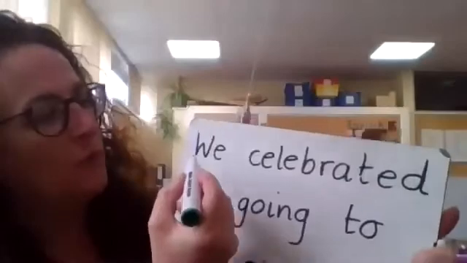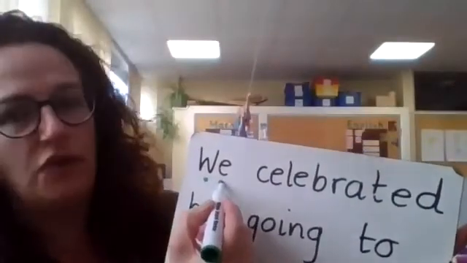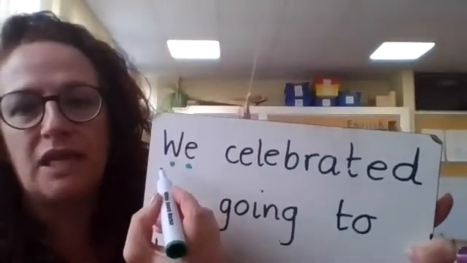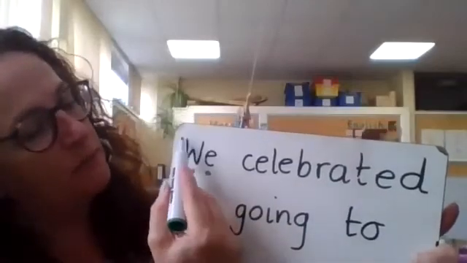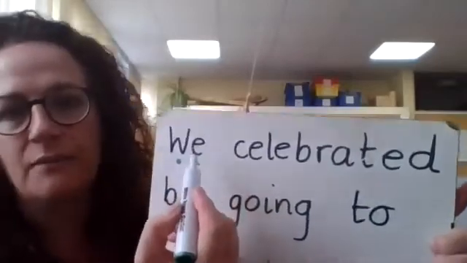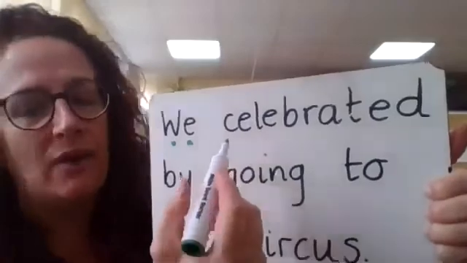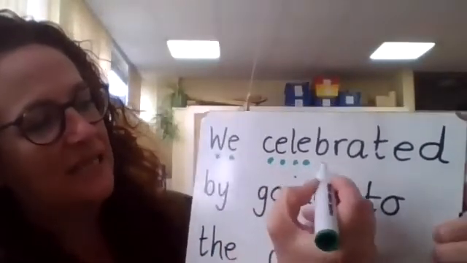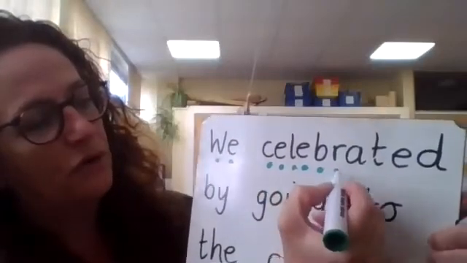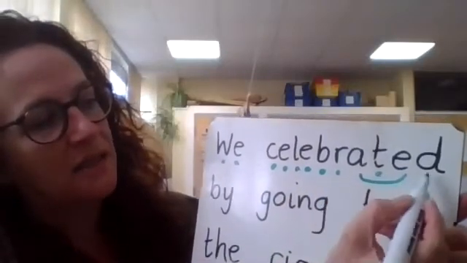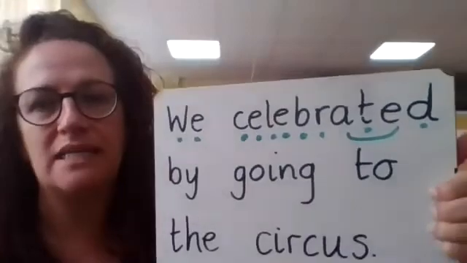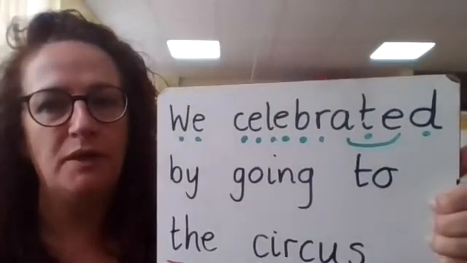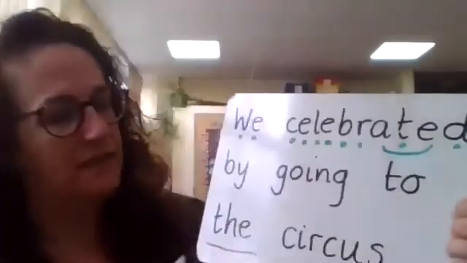Fantastic. So we, easy word. You've known that since reception, but you must have a capital W, which means it must come up taller than your E. So we. Now, here's that word again, celebrated. We've just looked at nearly the same word, celebrated. I'm hoping you've got your sound buttons in the correct place.